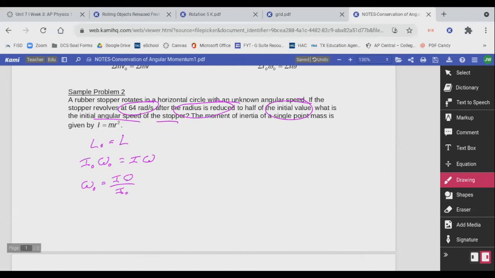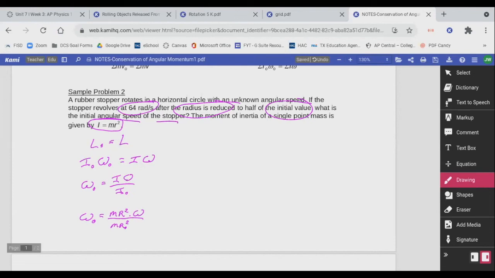Now I want to break apart the rotational inertia into what it is, and they gave me a definition up here in the problem. They said I is equal to m r squared. So here I can say that omega naught is equal to m r squared times omega over m r naught squared, because it's my initial angular momentum based on my initial radius.